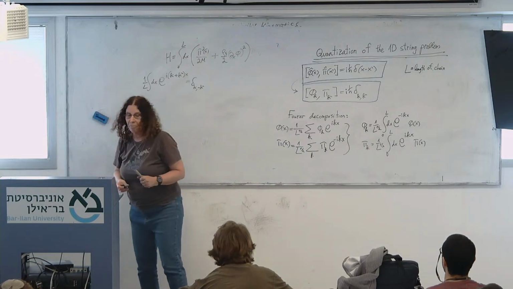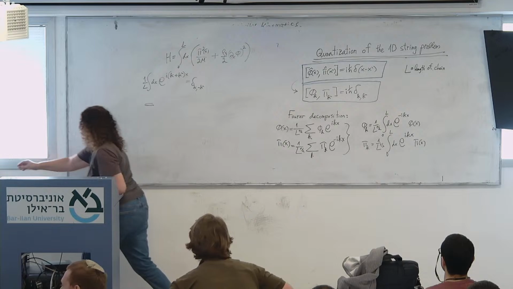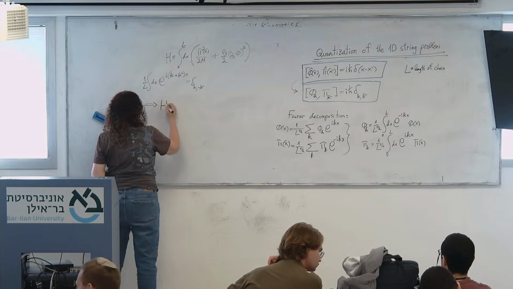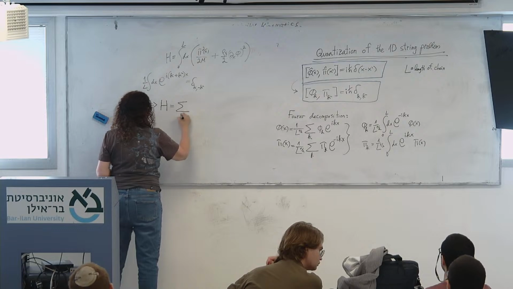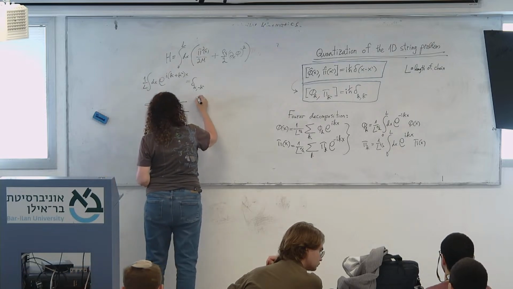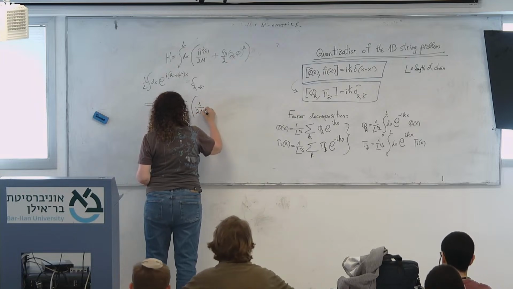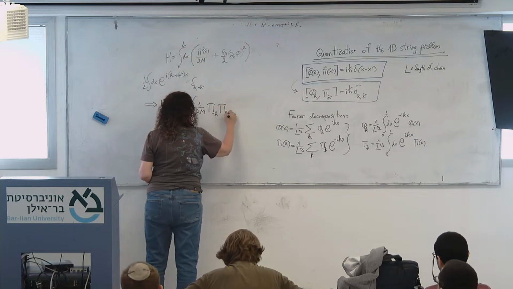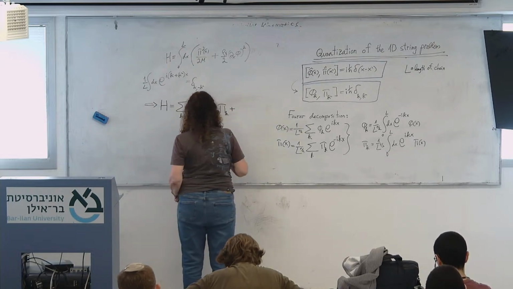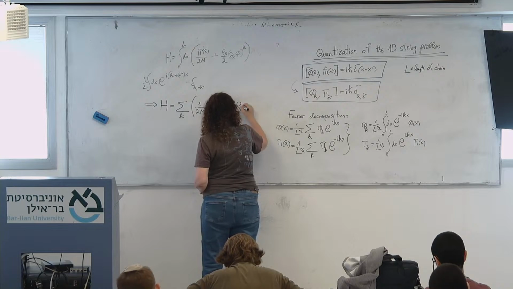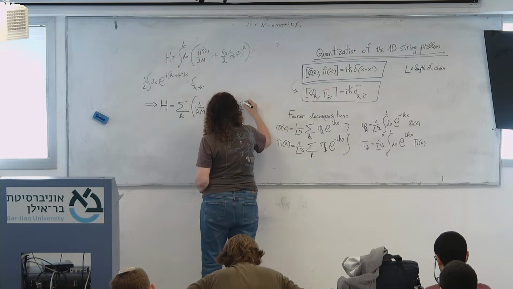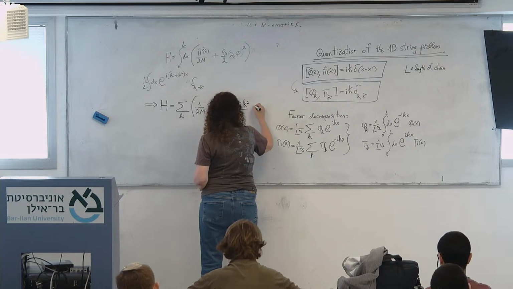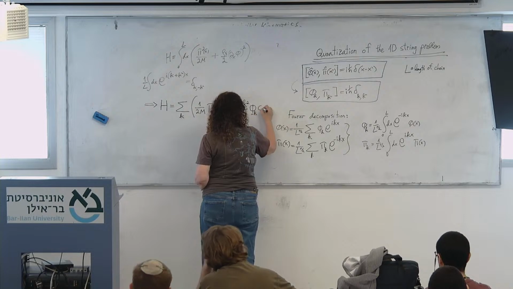Maybe change the 1 over 2m plus k squared, phi k, phi minus k, phi k.